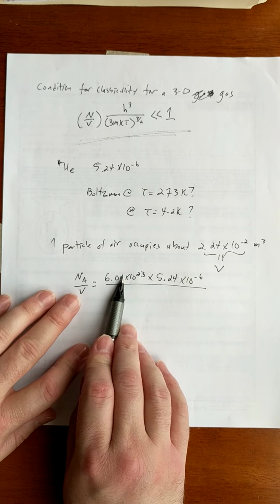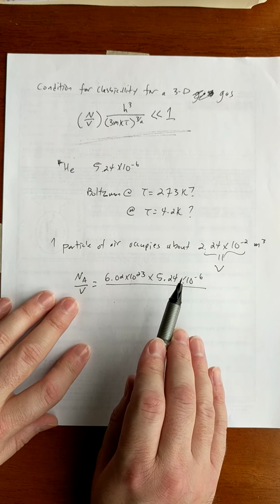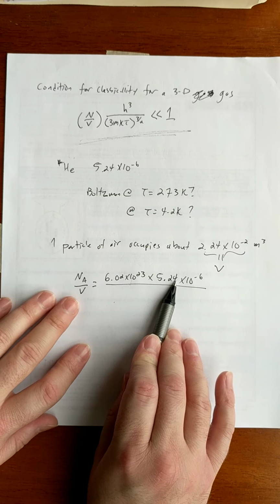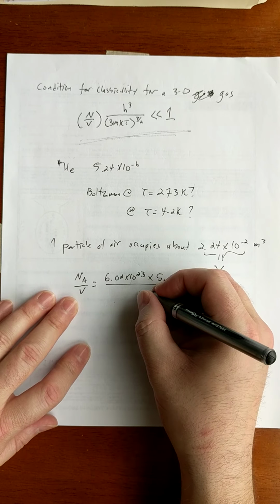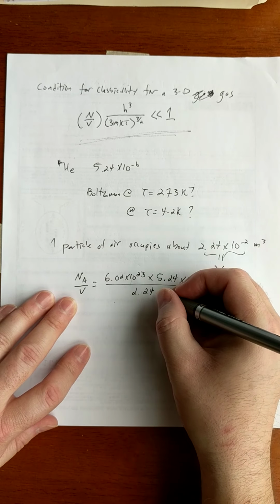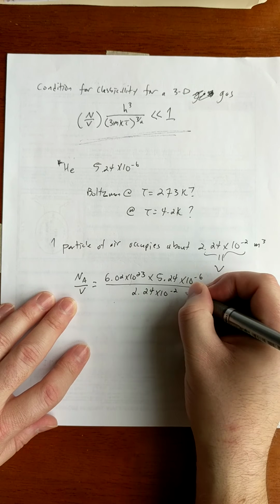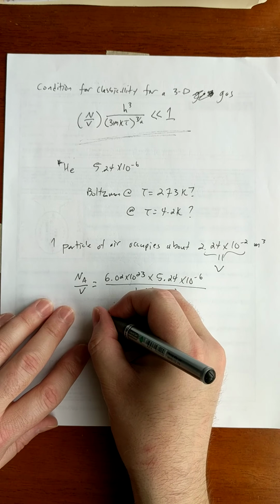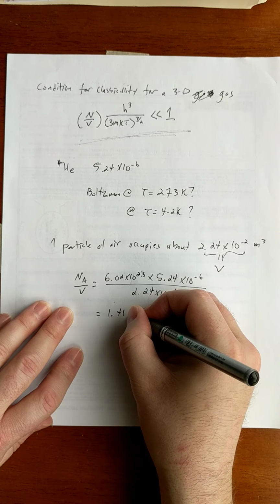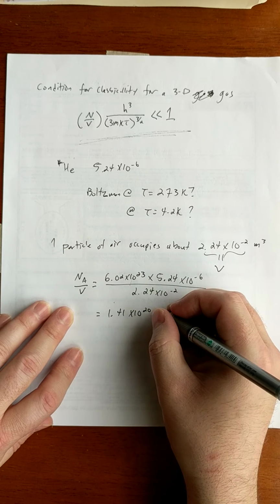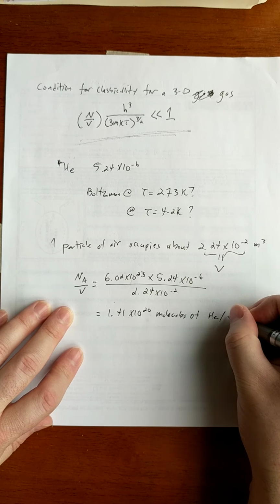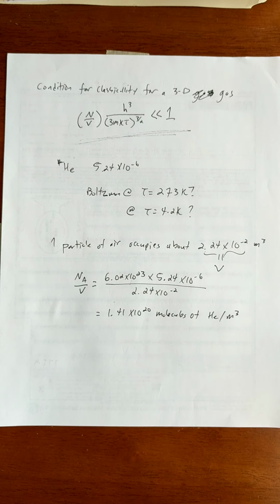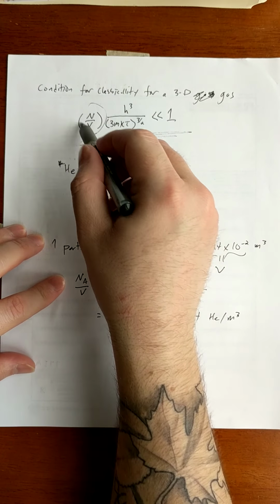So total number of particles times proportion that are helium-4, divided by this volume per particle, which is 2.24 times 10 to the negative 2. Okay, so that means there are 1.41 times 10 to the 20 molecules of helium per meter cubed. Okay, so that gives us this guy here.